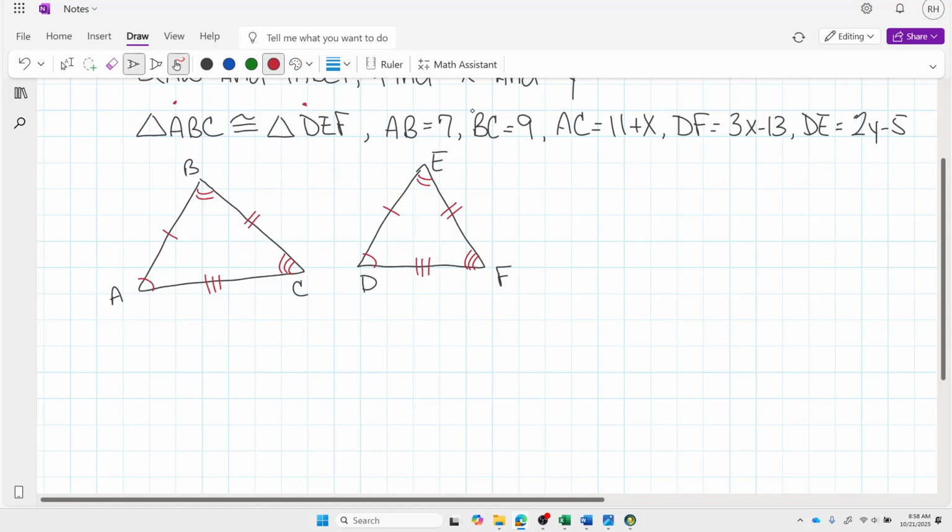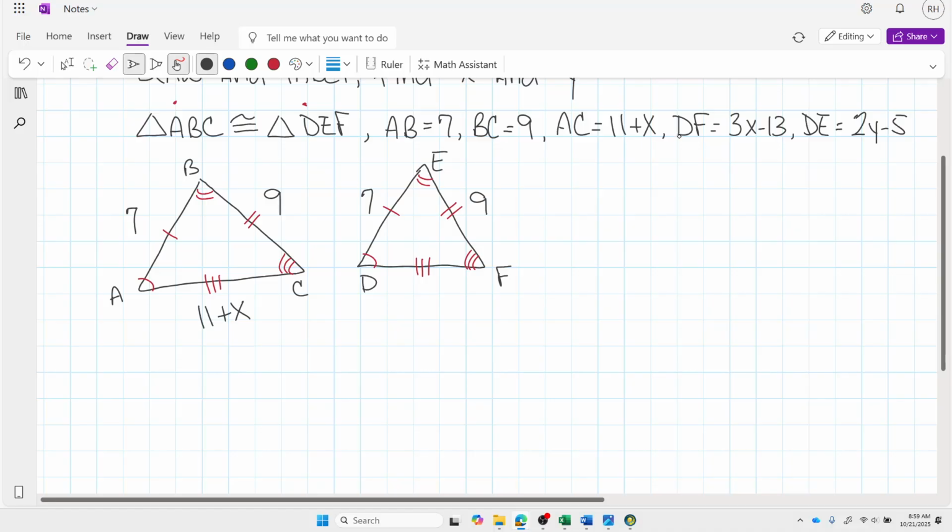And now fill in the information that was given. Side AB is 7. So if side AB is 7, what's side DE? 7. And if BC is 9, what is EF? A to C is 11 plus X. Now, it's got a variable, so don't fill in anything over here on the right yet.